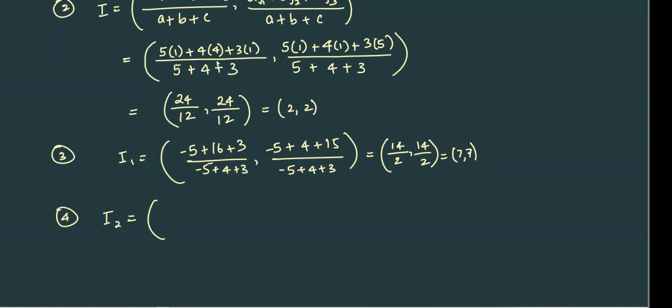So from I, just replace B by minus B. B is 4, so replace that by minus 4. So 5 minus 4 into 4, 16 plus 3 by 5 minus 4 plus 3, and 5 minus 4 plus 15 by 5 minus 4 plus 3.